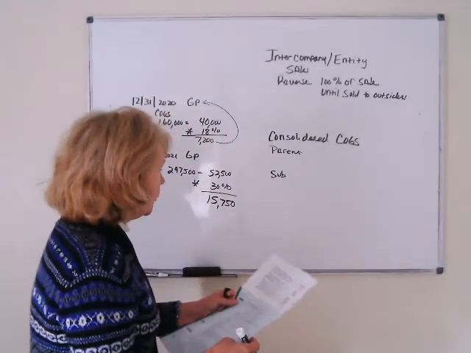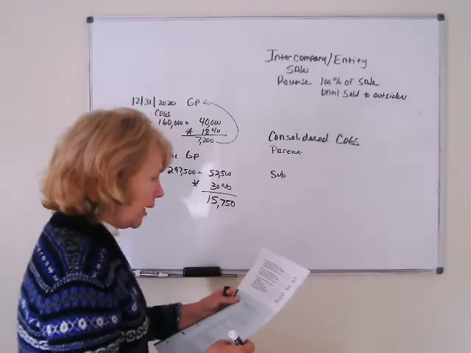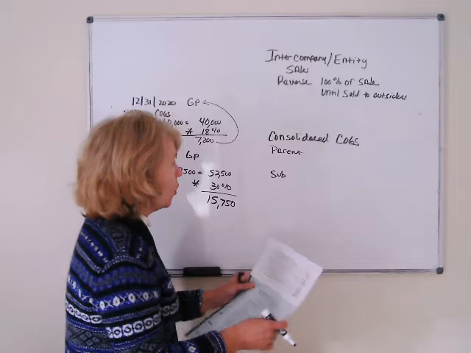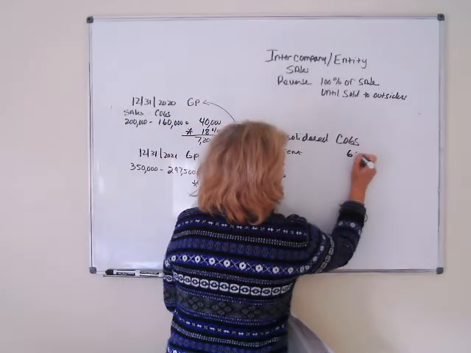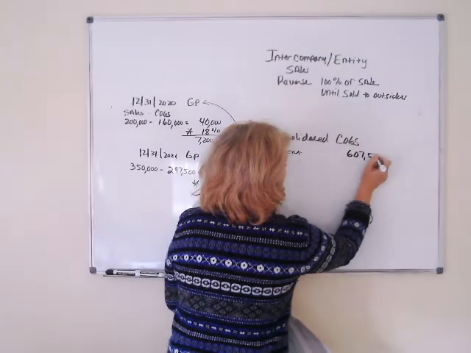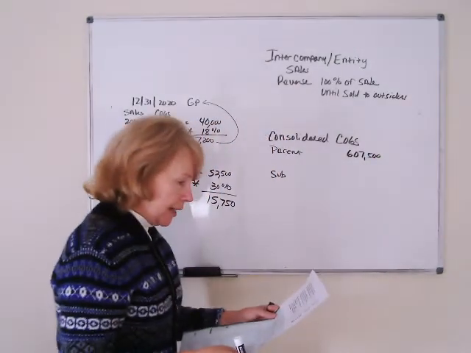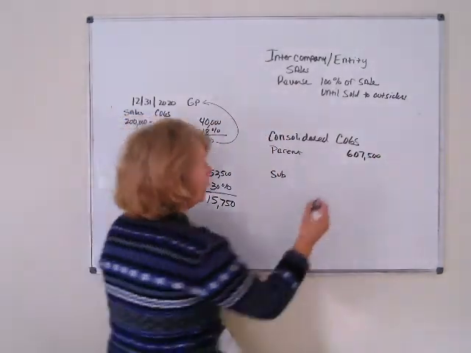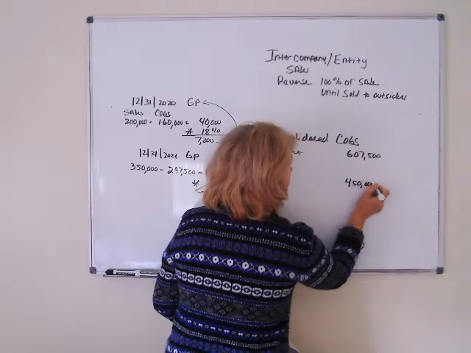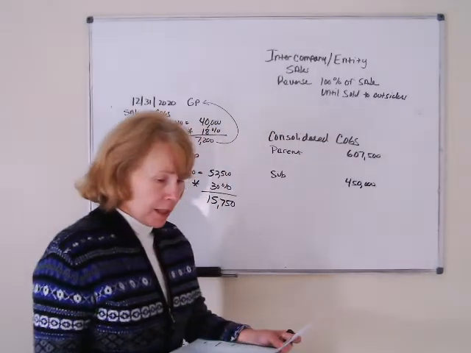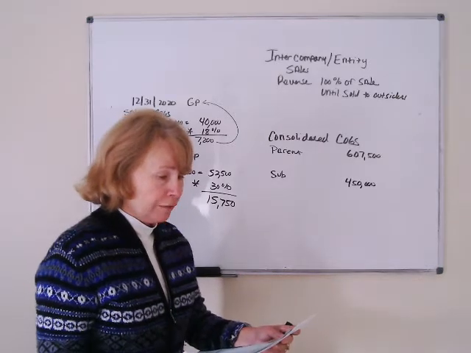It gives you the parent's consolidated net cost of goods sold, which is $607,500. And then it gives you the sub's cost of goods sold, which is $450,000. Now, there are a few items that will affect it.